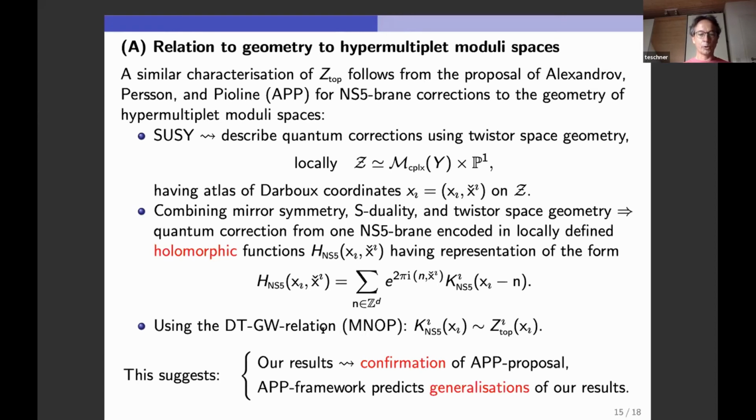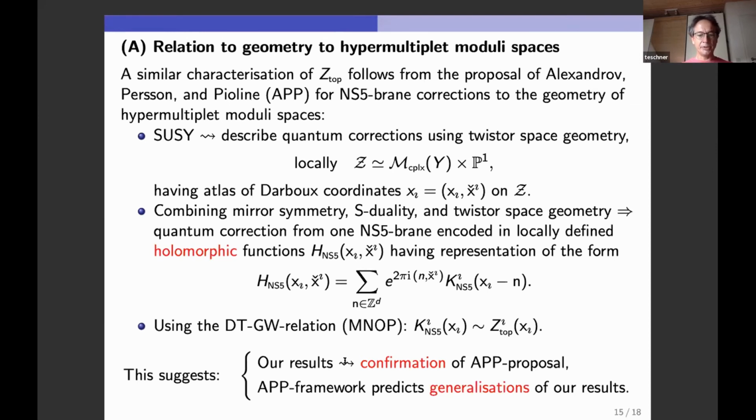And then furthermore, they observed that using the Donaldson-Thomas Gromov-Witten relation of MNOP, the coefficients here, in fact, should be identified, at least for this class where it's applicable, with topological string partition functions. So this suggests that, on the one hand, this hasn't been pushed. It hasn't been applied very much yet because there were some open questions about this proposal.